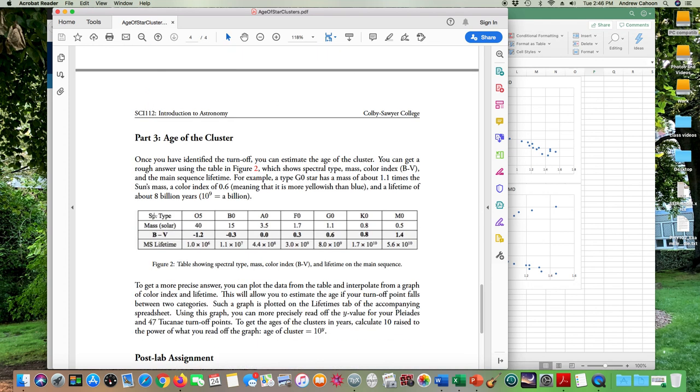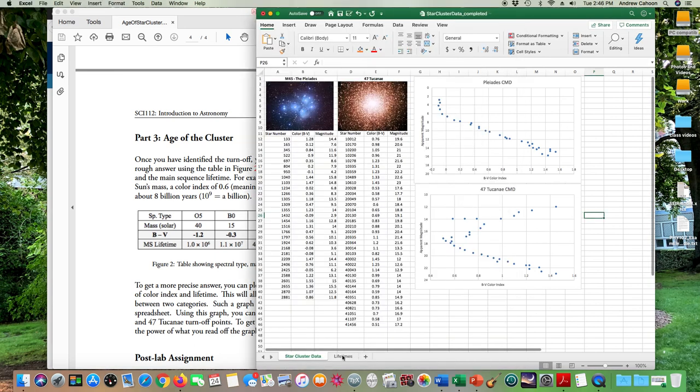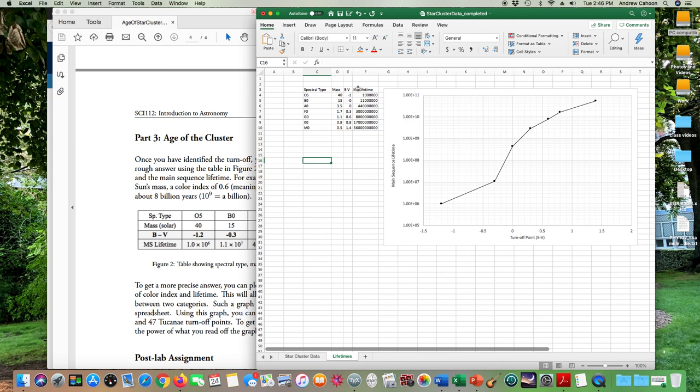And that's related in this table here. Now, I pre-built the table of information into the spreadsheet and plotted it out. You won't find that the turn-off points correspond exactly with where the dots are, but now that the dots are connected on the graph, you can estimate what the lifetime of the cluster is based on this graph.